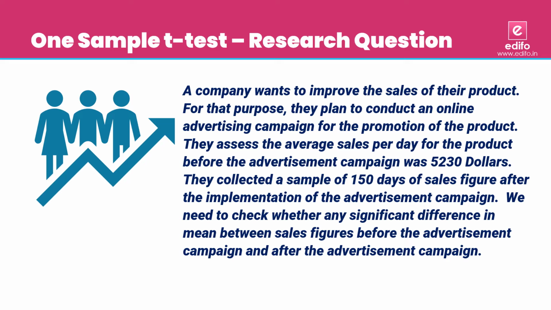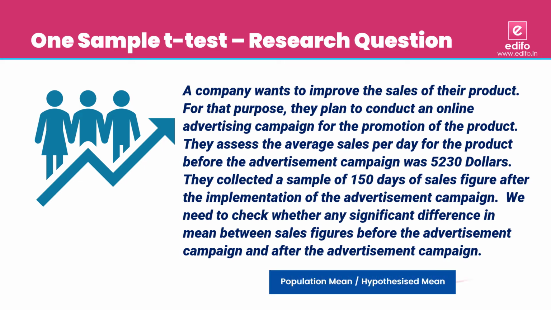We need to check whether there is any significant difference in means between the sales figures before the advertisement campaign and after the advertising campaign. So here we collected a sample of 150 days of sales figures, and we have a hypothesized mean, or we can say the population mean, that is $5,230.